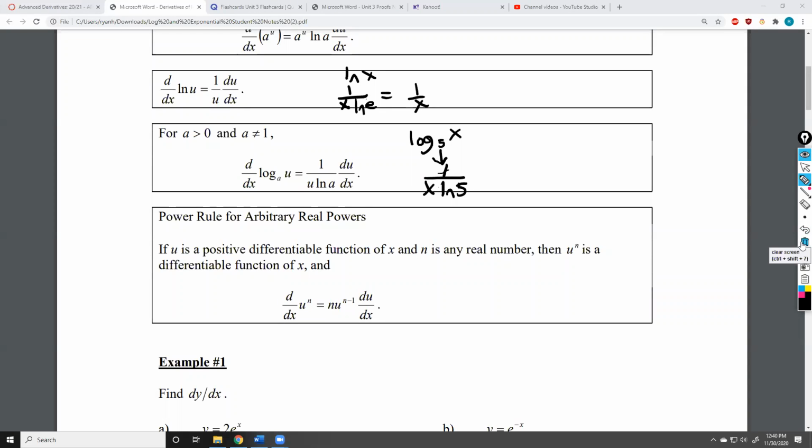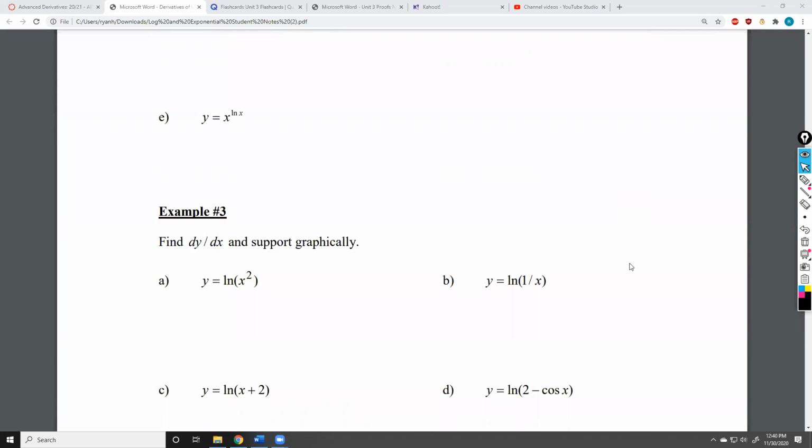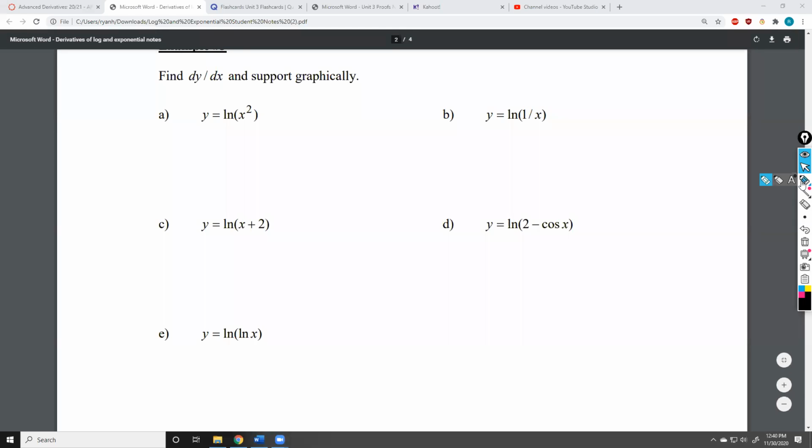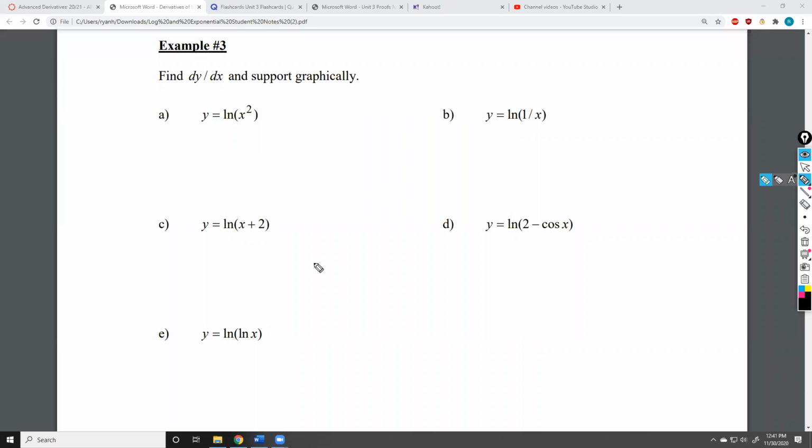All right, let's look at some examples here. We will start with natural log here, since that's kind of the more simple rule. So derivative of natural log of x squared is going to be 1 over the argument.